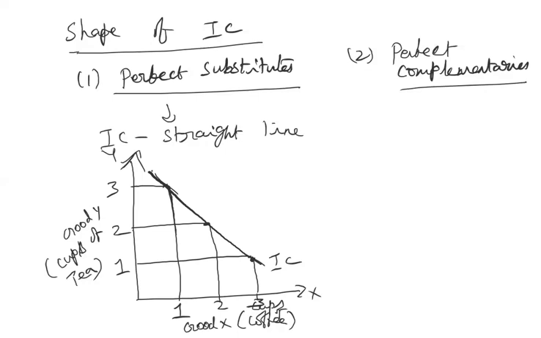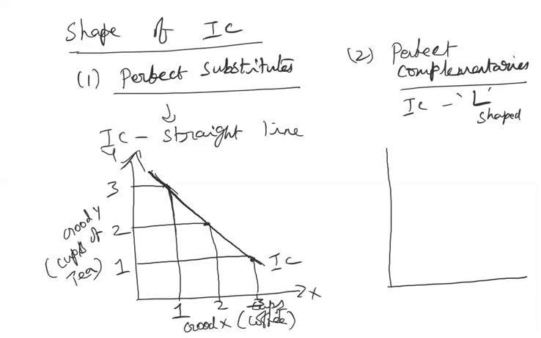And in the case of complementary goods, the IC will be L shaped. Why is it L shaped? Complementary goods means you require both commodities to satisfy one want.